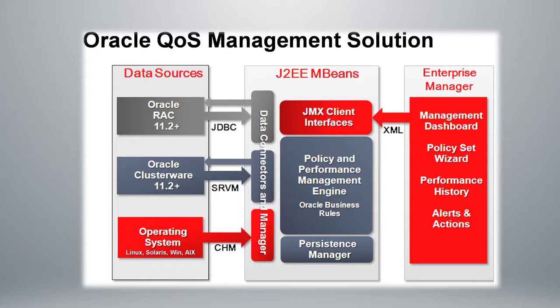So all of these metrics and information feed into the QoS management server, which is implemented as a J2EE application in the cluster, a single application that's HA protected, and runs a high-level expert system built on Oracle Business Rules to do those evaluations and then surface those to Enterprise Manager Cloud Control.